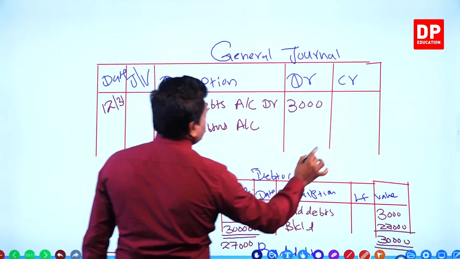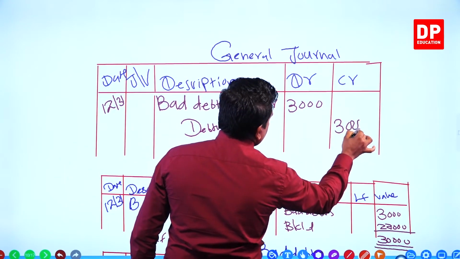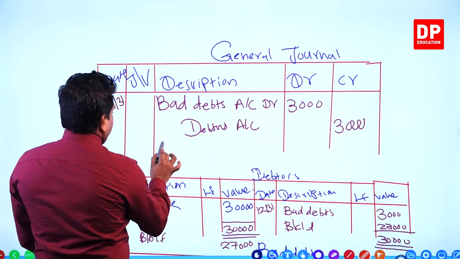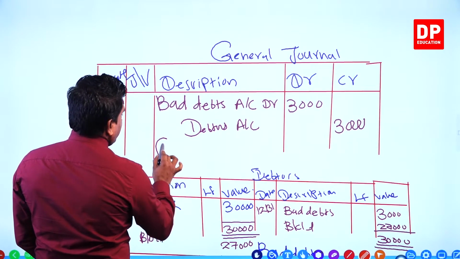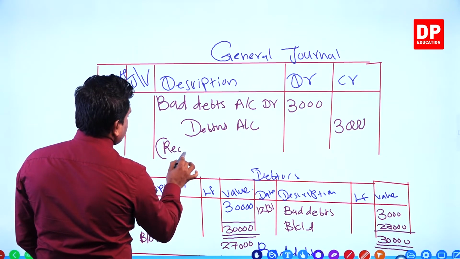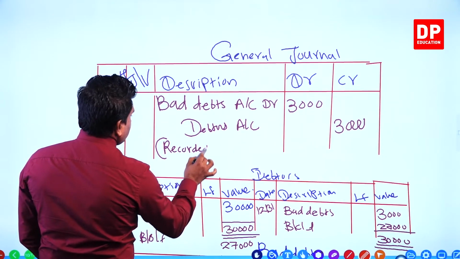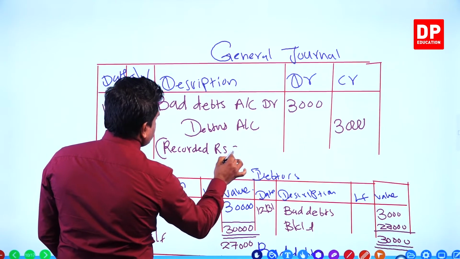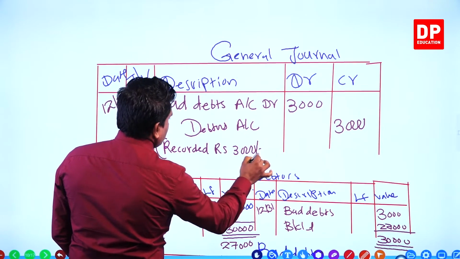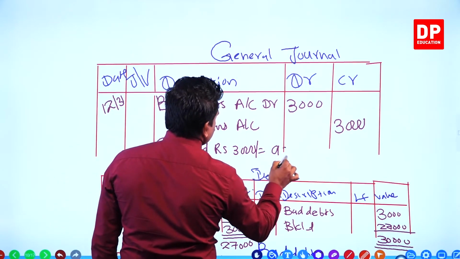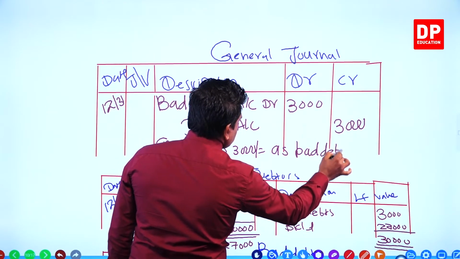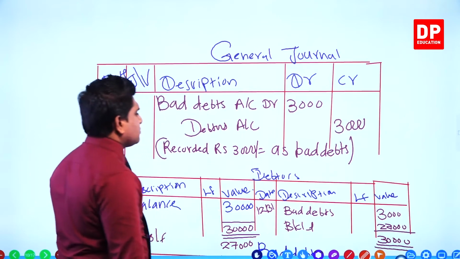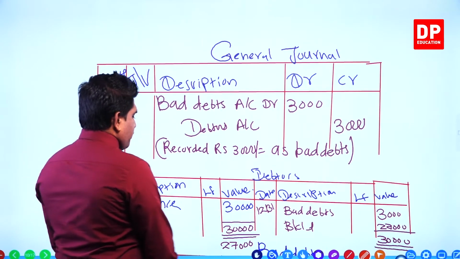Debtors account credit 3,000. Right? Now give the narration. Recorded 3,000 rupees as bad debts.